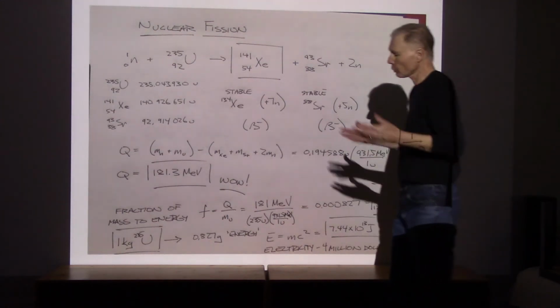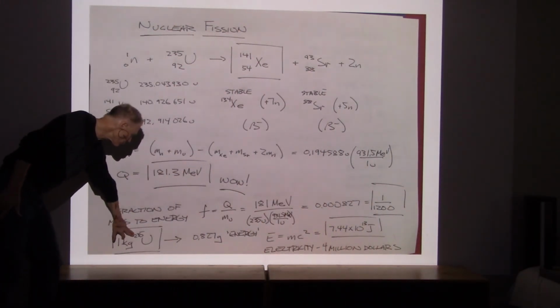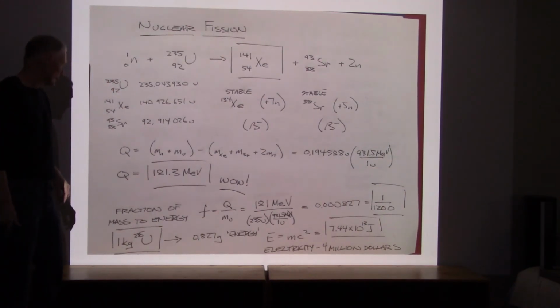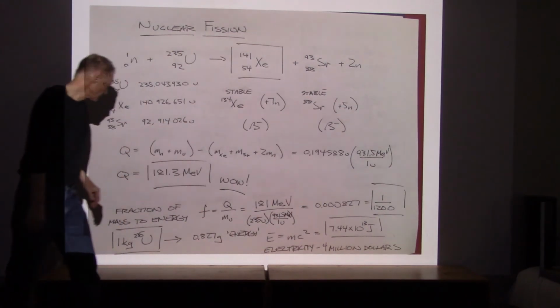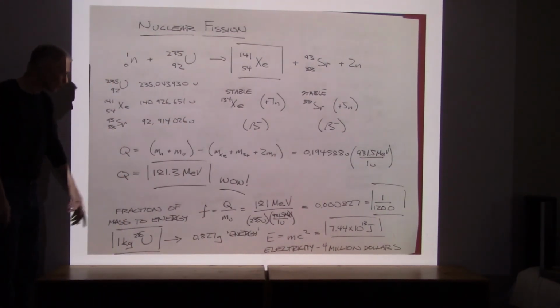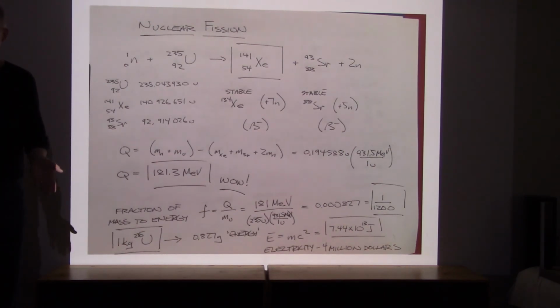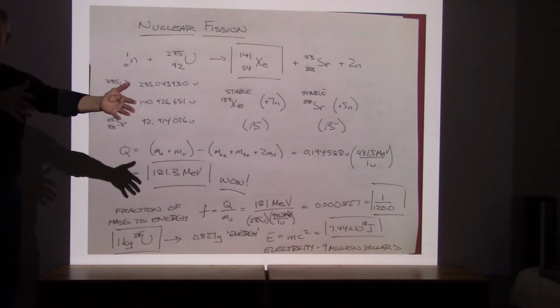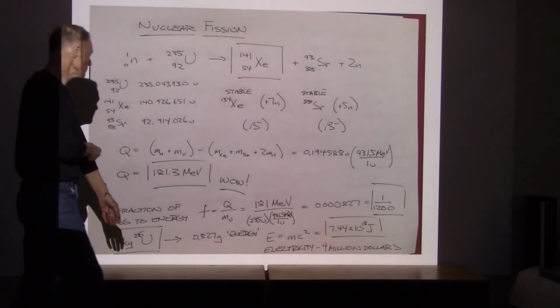If we had a kilogram of uranium-235 that we started with, and I ran this reaction using a full kilogram, almost a gram of mass would go missing. That's something we could measure, right? If we start with 1,000 grams of uranium, and the products are only 999 grams, there's literally a gram missing from that.